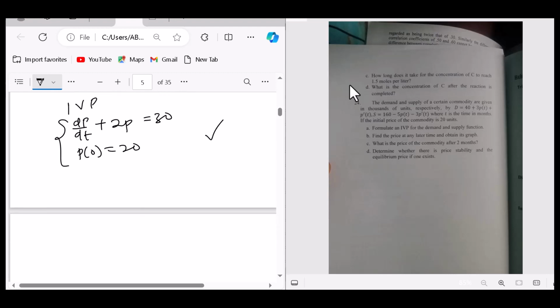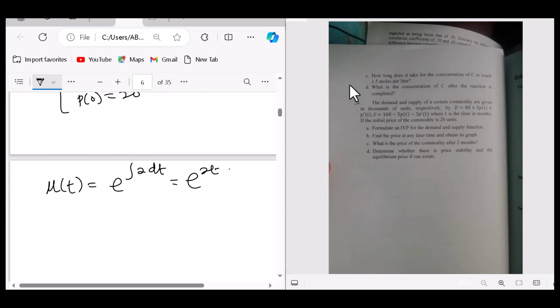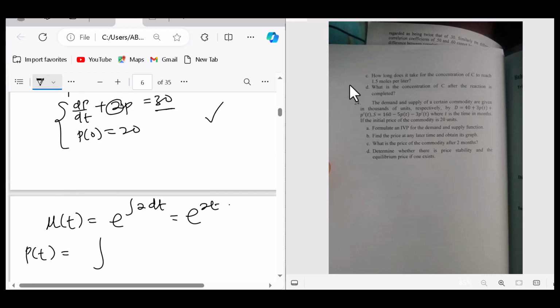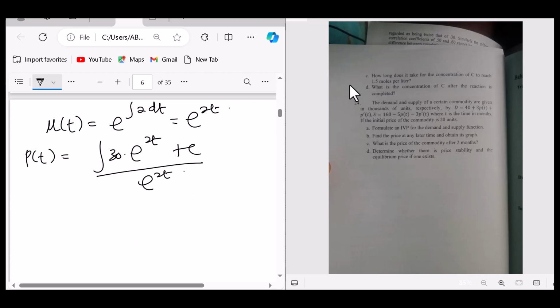Then we proceed to solve this. I'm going to use the method of integrating factor. So we know that mu of t is equal to e to the power of the integral of 2 dt, which equals e to the power 2t. Now our P of t equals the integral of Q of t, which is 30 times e to the power 2t, plus c, all over e to the power 2t.